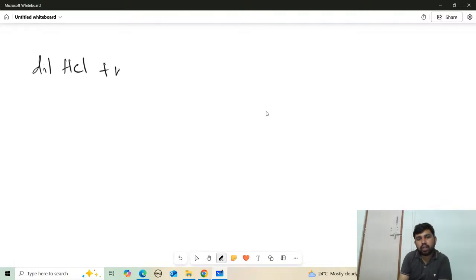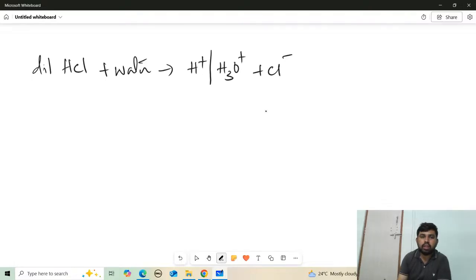Aqueous means water will be there. It will produce H plus ions, or we can say H3O plus ions, plus Cl minus ions. Cl minus is an anion that is going to form.